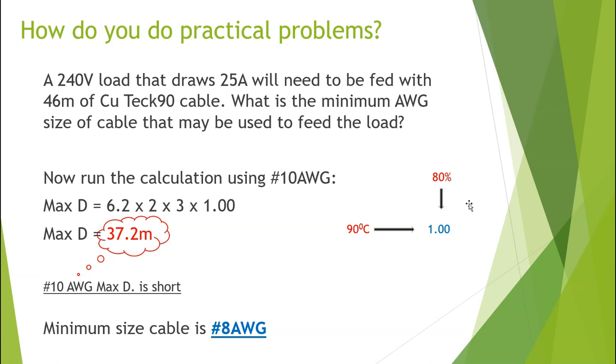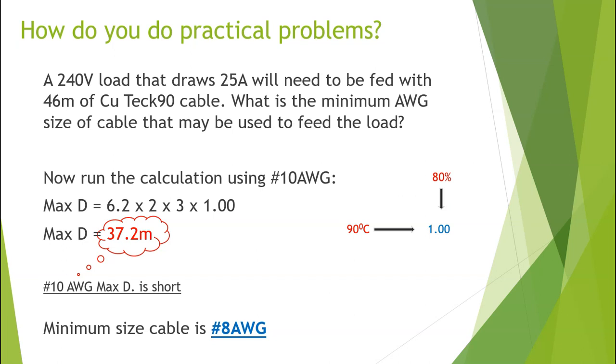So having taken our DCF of 1.0, integrated it into the whole calculation, 6.2 multiplied by 2, multiplied by 3, and multiplied by 1.0, we come up with 37.2 meters. That's the maximum distance we can actually run a number 10 wire in order to carry this 25 amps at 240 volts for 3% voltage drop.